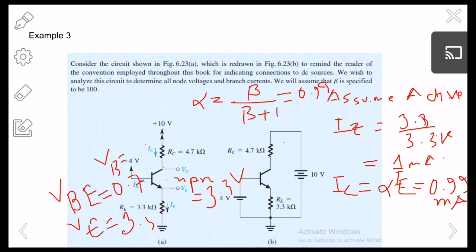So what is the value of IB then? It is also easy to find now. At this point you can easily subtract IE minus IC.